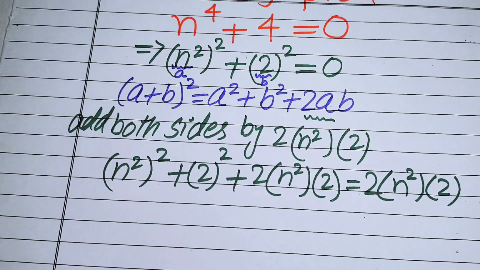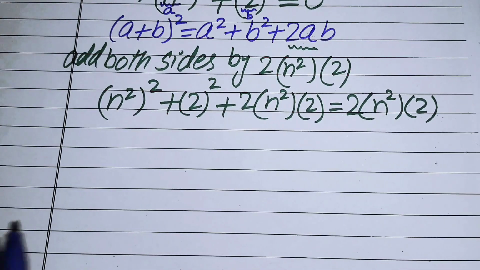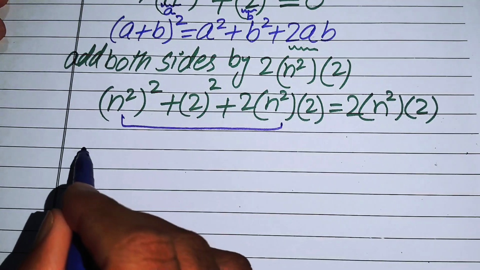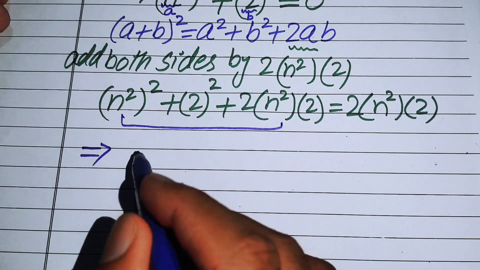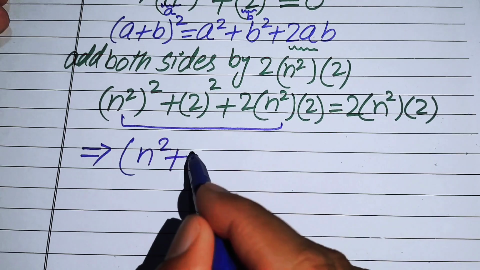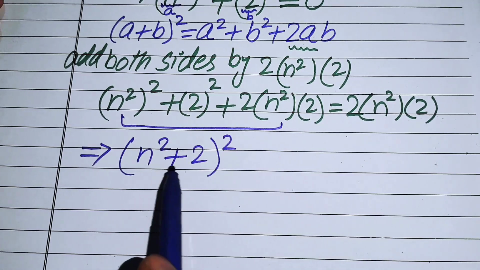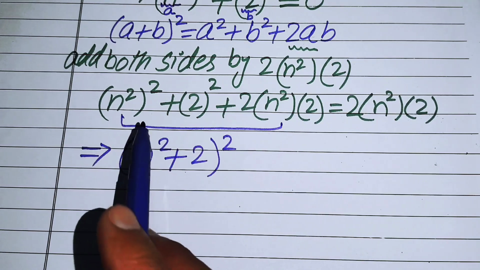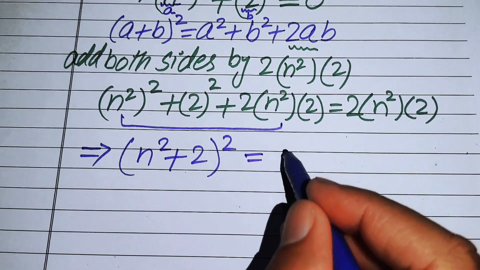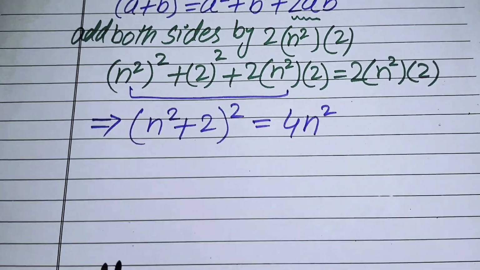So now if you focus on the left hand side, after combining all these terms, we will get (n squared plus 2) whole squared. When you multiply these terms on the right hand side, you get 4 times n squared.